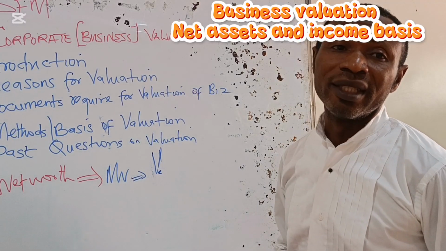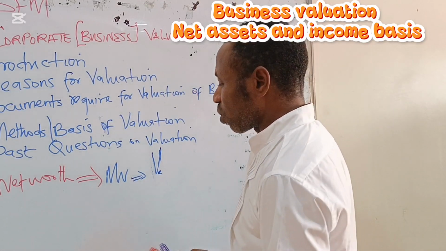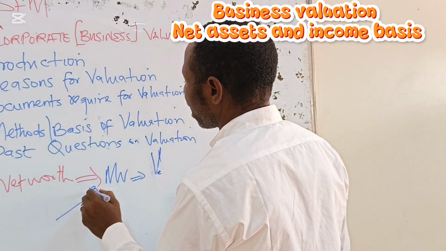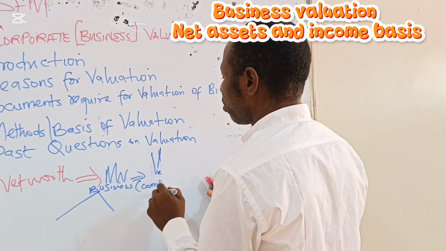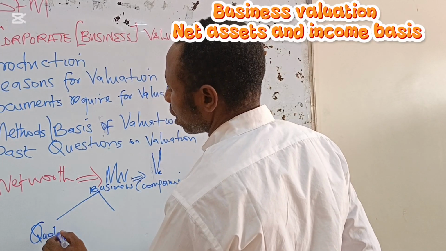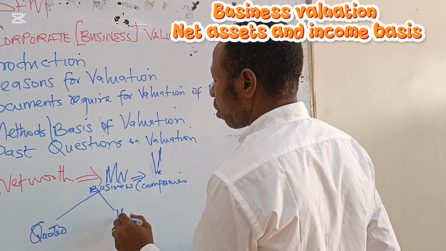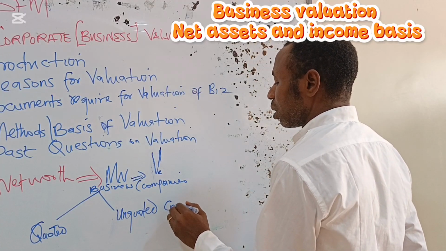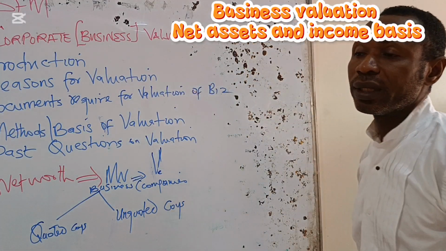Basically, there are two kinds of business entity, which we refer to as quoted and unquoted companies.